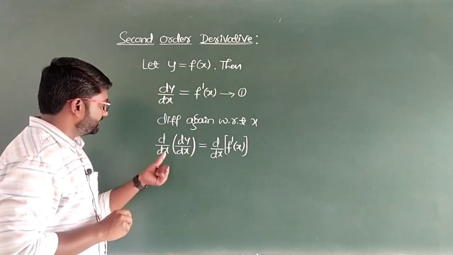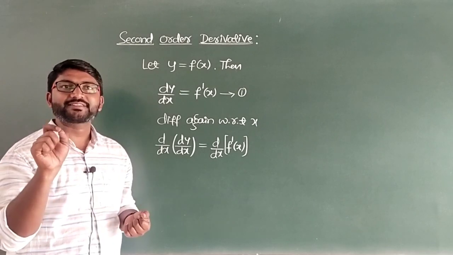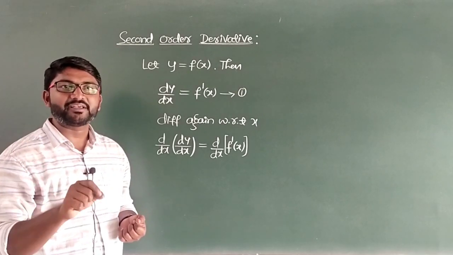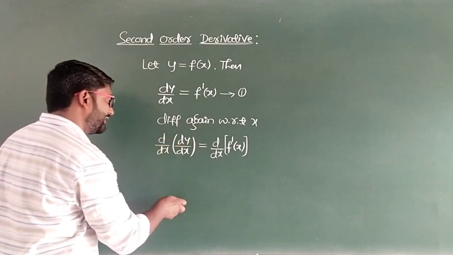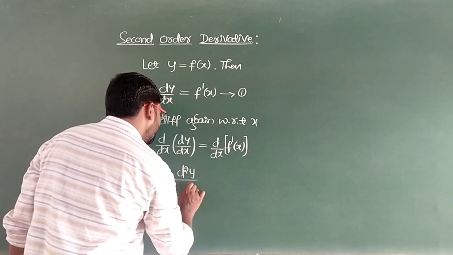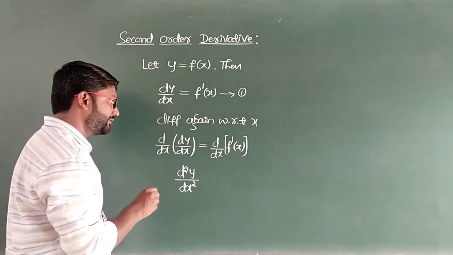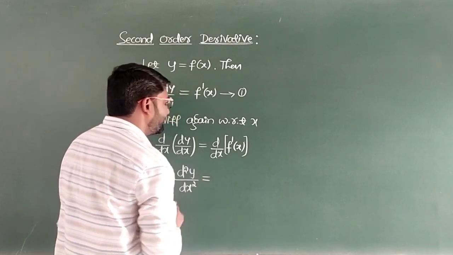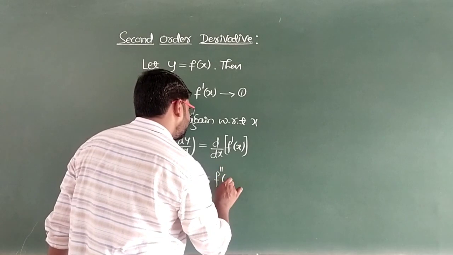So now this term d by dx of dy by dx is going to be the second order derivative of y with respect to x. So in short it can be written as d square y by dx square, which is equals to, so derivative of f dash of x will be f double dash of x.